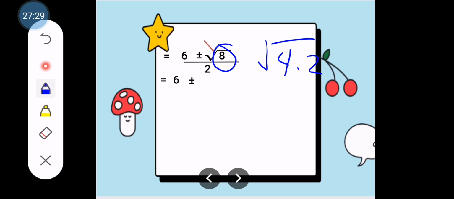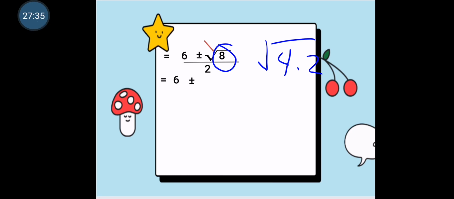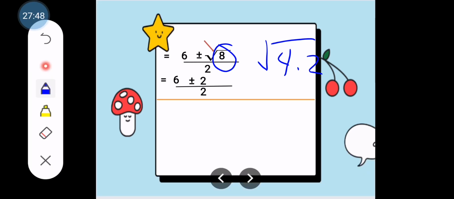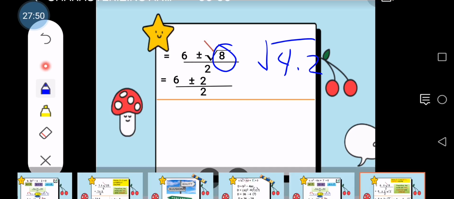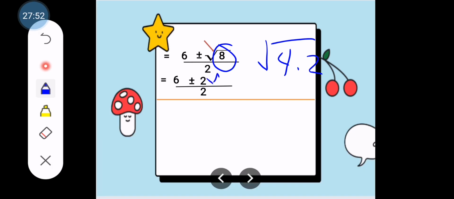So, ngayon, kapag ilalabas po natin or we're going to extract the square root of 4, so, yan po ay magiging 2. Ayan, square root of 4 is 2. At ang matitira po sa loob ng radical ay square root of 2. So, hindi siya lumabas. Ilalagay ko na lang. So, dapat po ito ay 2 the square root of 2 over 2.